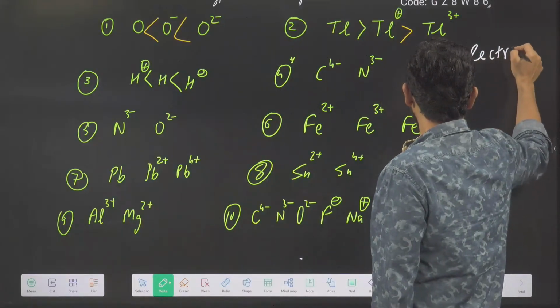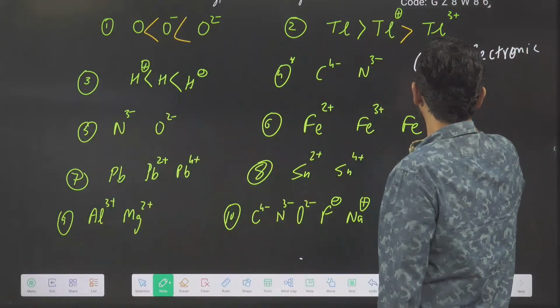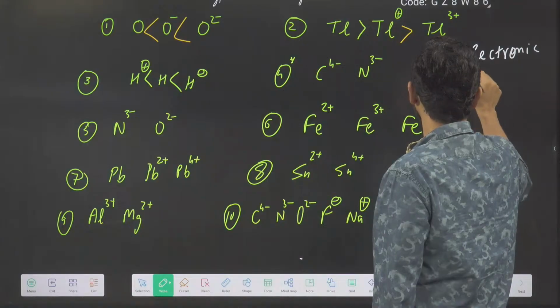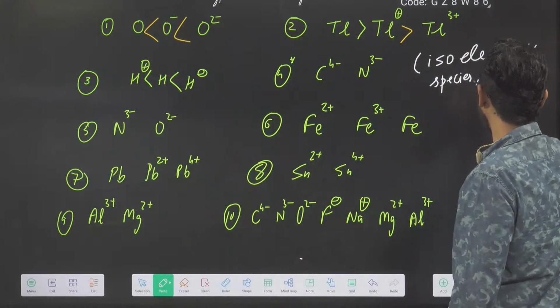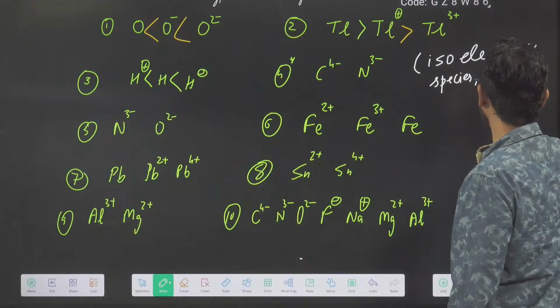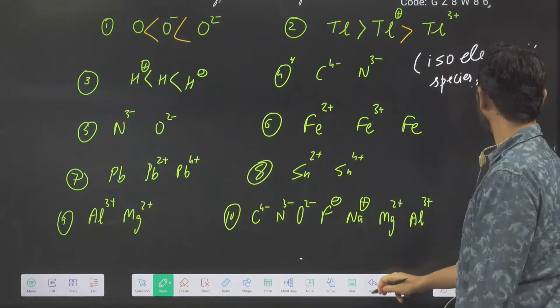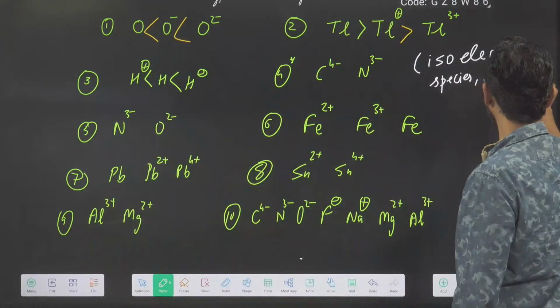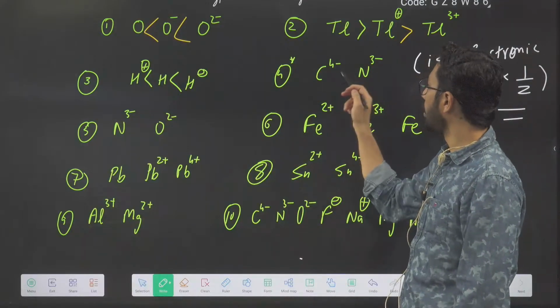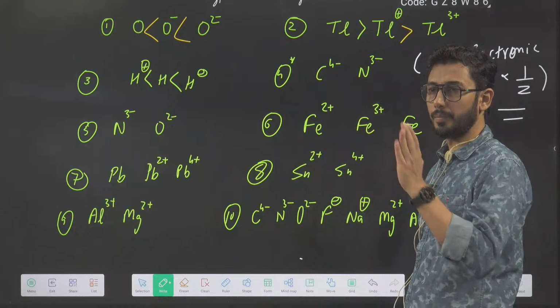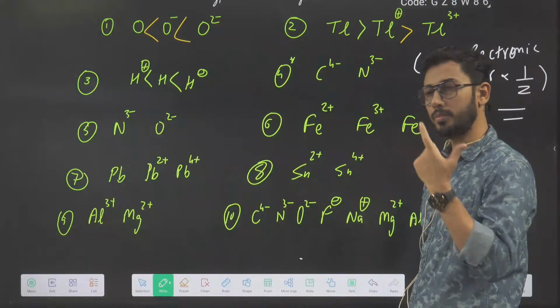In notes you can mention properly, isoelectronic species. In isoelectronic species, the radius will be inversely proportional to Z. Out of these two, firstly, both contain 10 electrons.